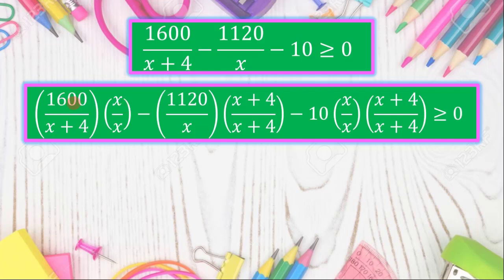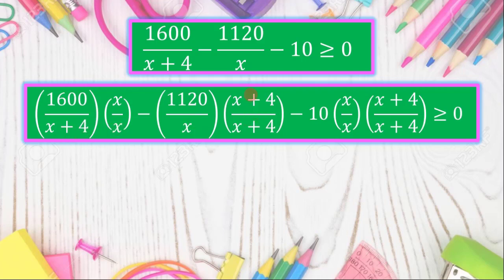So we have 1,600 over x plus 4 times x over x. This is actually equal to 1, so multiplying that to this term here will not affect the inequality, but will change it. This inequality will be transformed in such a way that we have 1600x over x plus 4 times x. So in the denominator, we have x plus 4 and x.